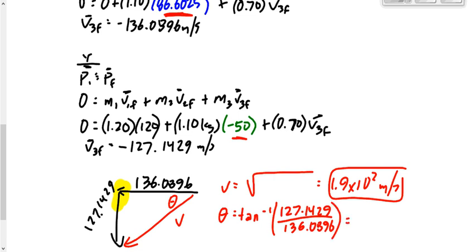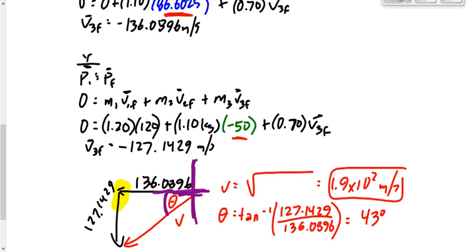Or sine law or cosine law, whatever some of you like to do. That gives me 43 degrees. 43 degrees, what of what? I'm going south and I'm going west.